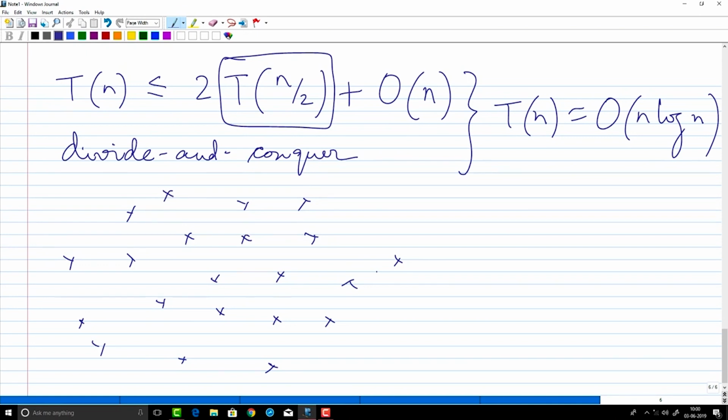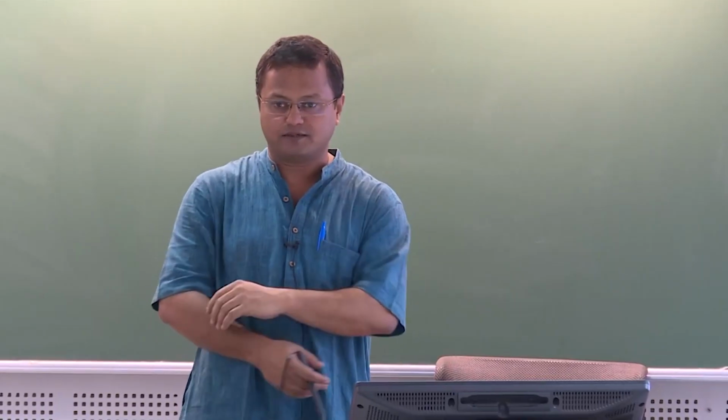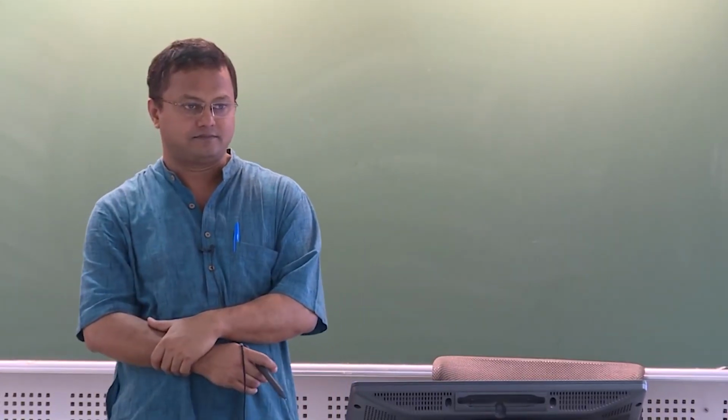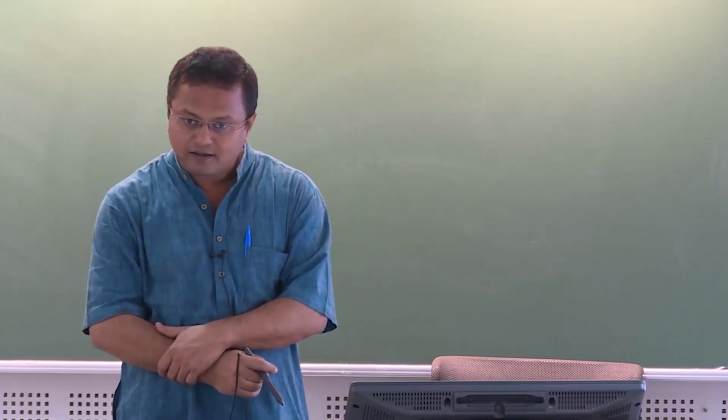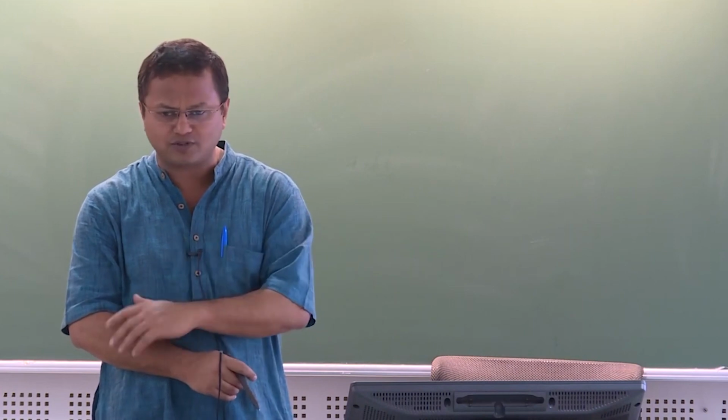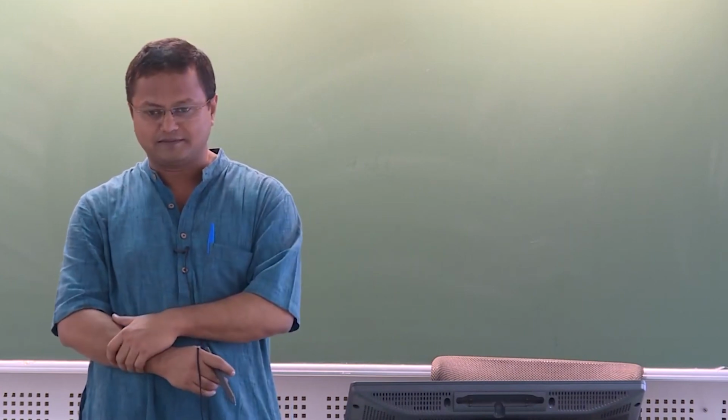I have to divide the point set into almost two equal halves. Give me a nice way of doing it. What guarantee is that they are uniformly distributed? I have not assumed anything on the distribution. They can be in any way they like.